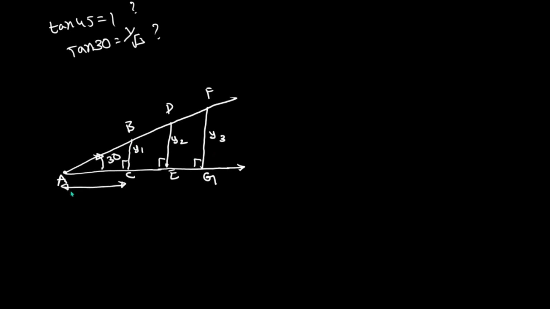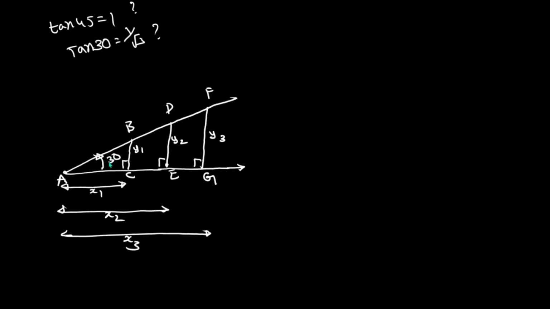Similarly, let's take the distances from point A: this is X1, this is X2 and this is X3. I took 30 degrees as the example, but take any fixed angle. Here the angle is fixed.